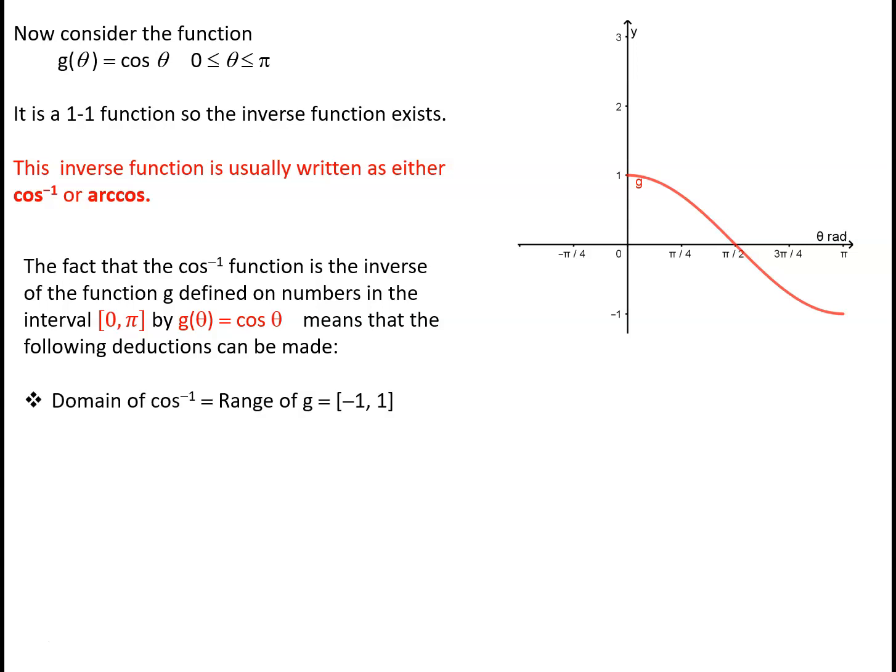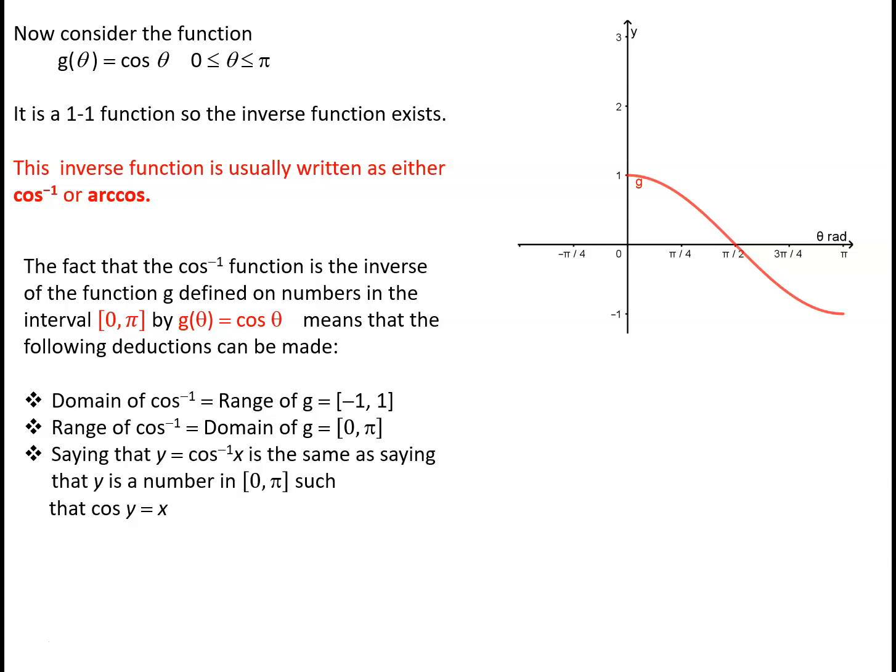be used to conclude that the domain of inverse cos is the range of g, which is the set from minus 1 to 1. The range of cos to the minus 1 is going to be the domain of g, which is the interval of numbers from 0 to pi.